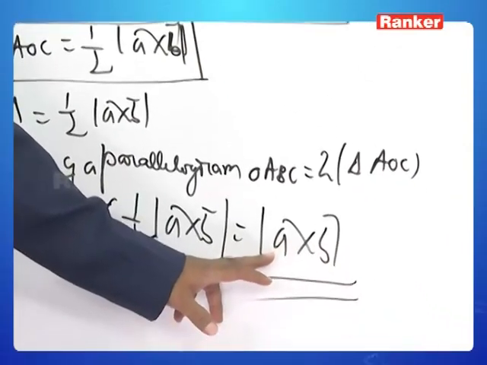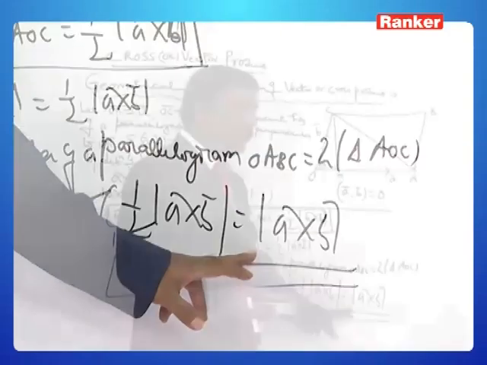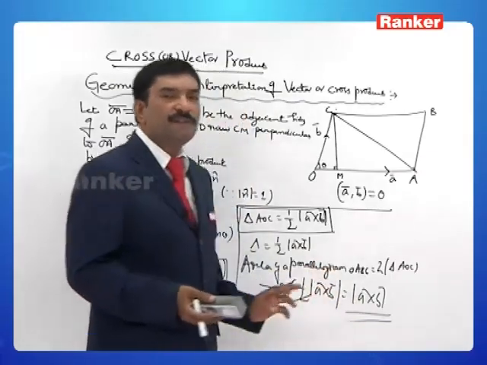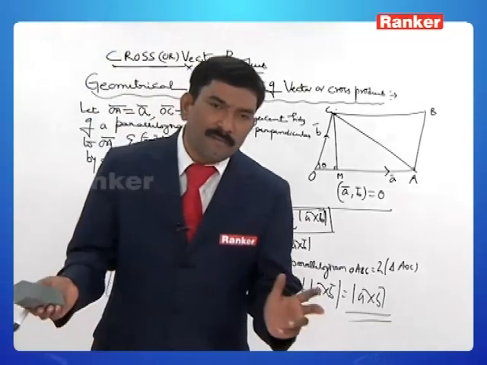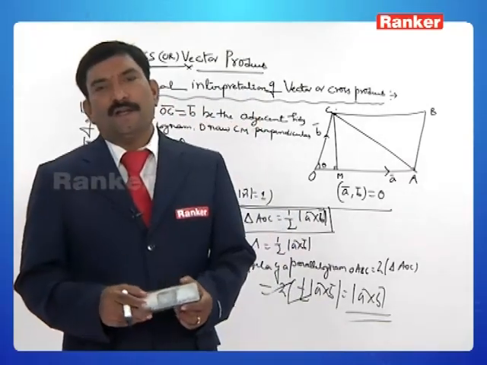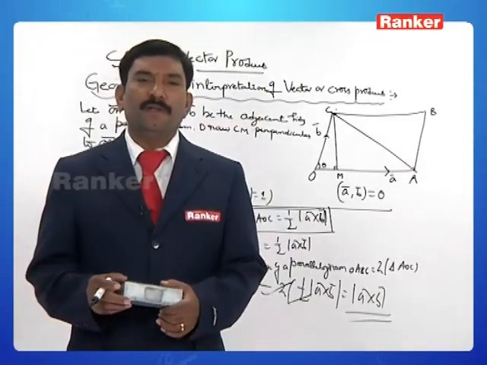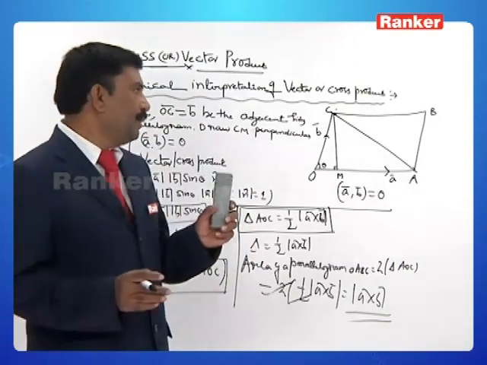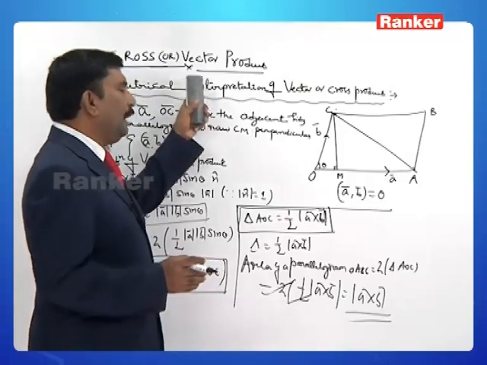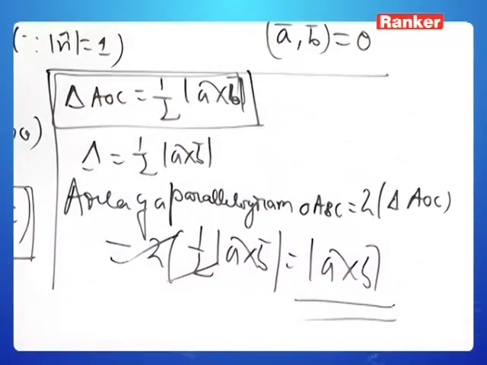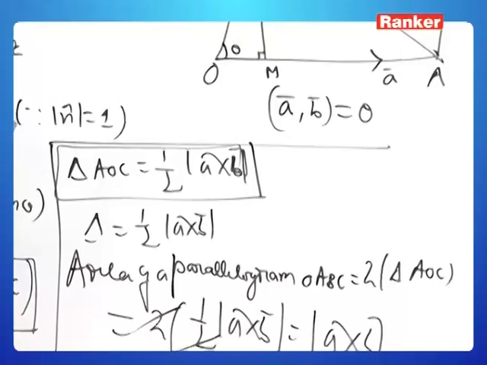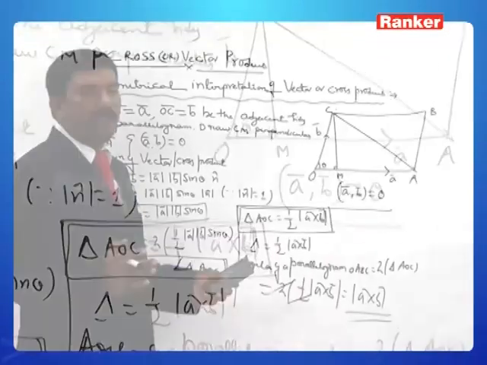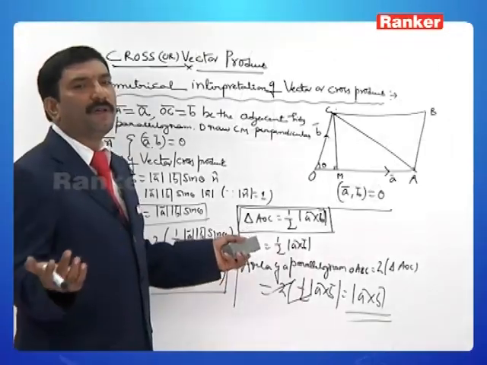Meanwhile, the area of a triangle with A bar and B bar as the sides is half into modulus of A bar cross B bar. This is how geometrically you can interpret the vector or cross product as the area of a triangle and the area of a parallelogram.